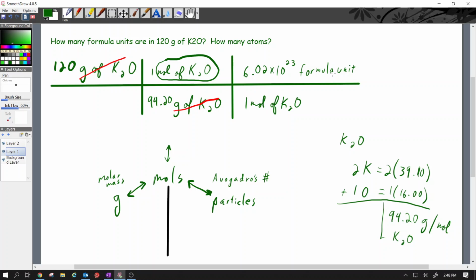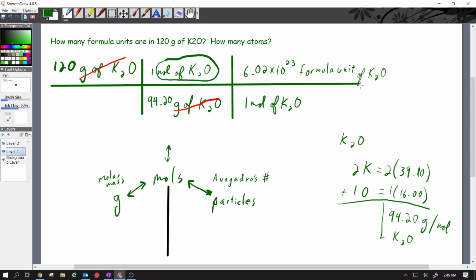And I'll explain why in more detail a little later. All right. So if you want to think of that in terms of molecules, you can. It is not exactly the same, but it is the same concept. All right. Formula units of K2O.